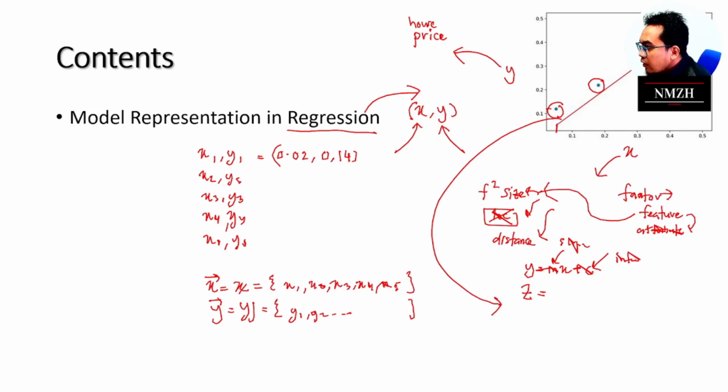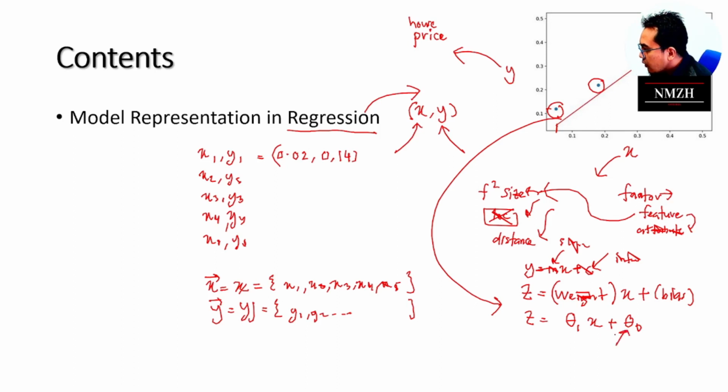In this particular discussion, m is discussed as the weight, and c is the bias. So z is equal to, it could be many things, for example theta 1 times x plus theta 0, sorry.